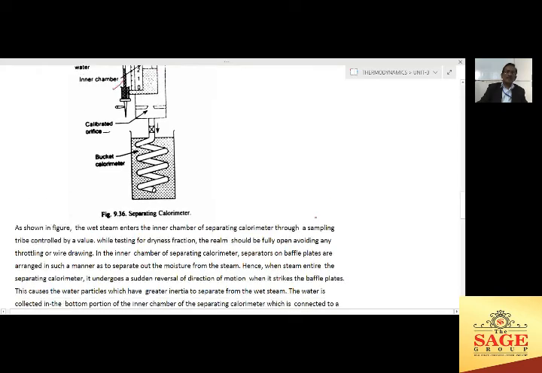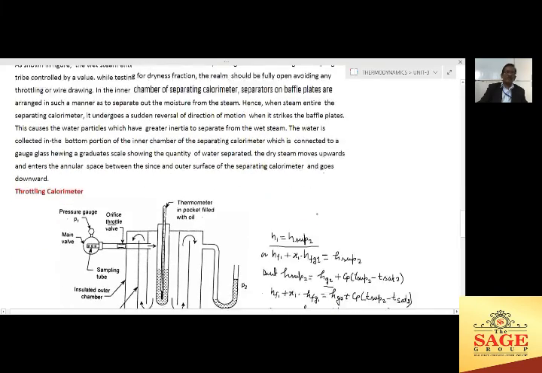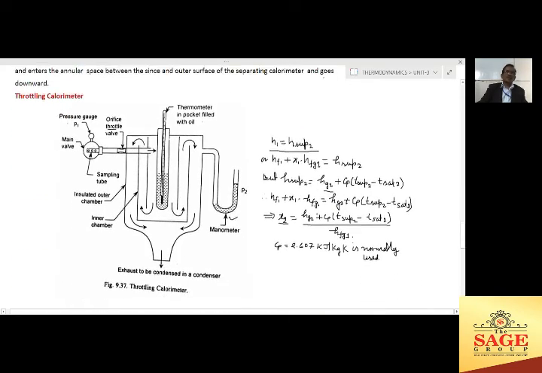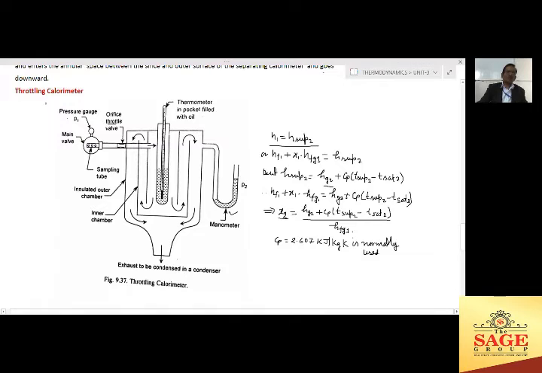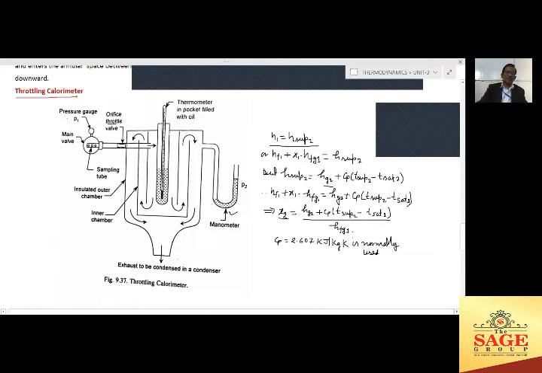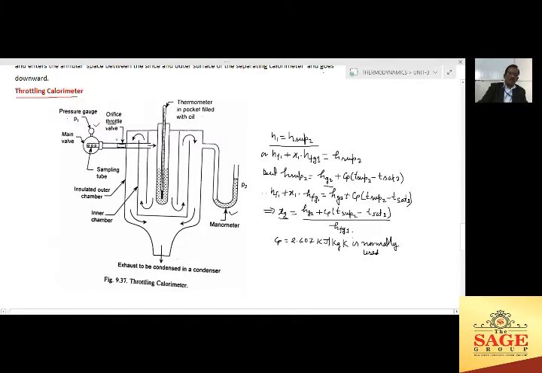The next setup is called the throttling calorimeter, based on the throttling process, which is also used to determine the dryness fraction. Here you can see the equipment for finding out the dryness fraction of the steam. In this setup there is a pressure gauge here, and an orifice through which the steam will pass for throttling.